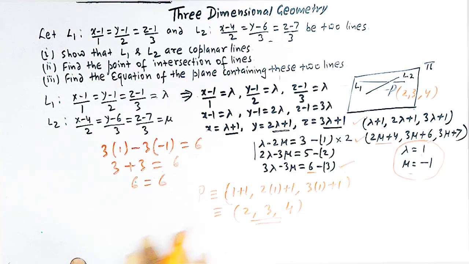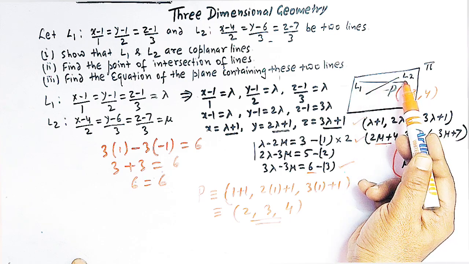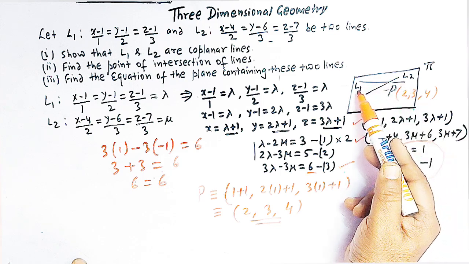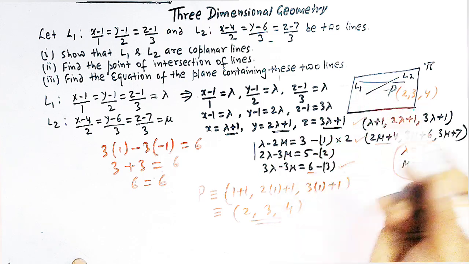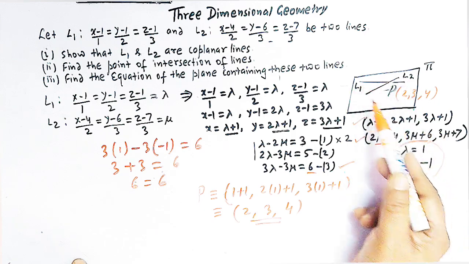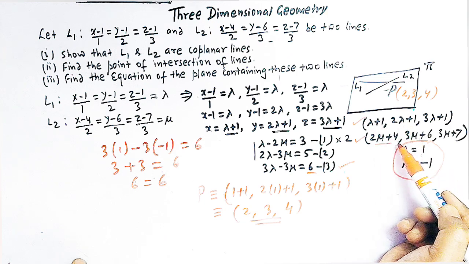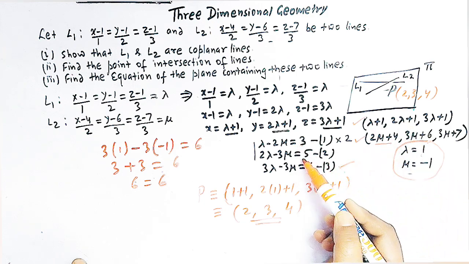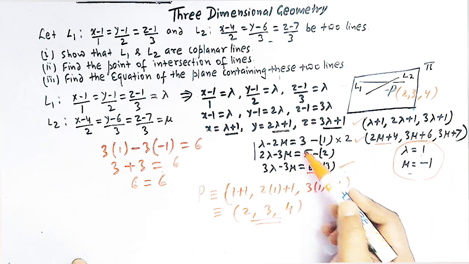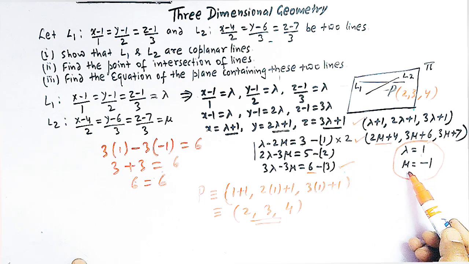So what we have done so far, we have the two lines L1 and L2, and here we have obtained the coordinates of the general point on these two lines L1 and L2, and we have equated the two coordinates, and we have formed three equations, and we have solved two equations to get the value of lambda and mu.